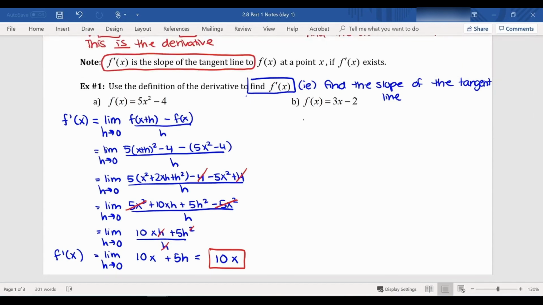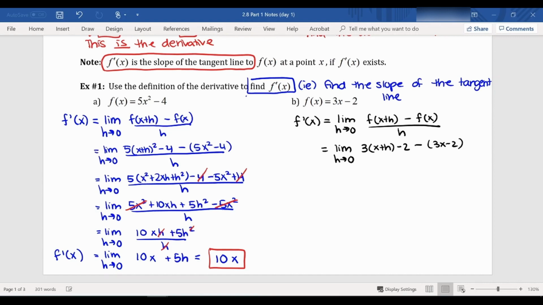And we can repeat with b. I've got the limit as h approaches 0, f of x plus h minus f of x all over h. You don't need to write that out every time you do a question. I'm just doing it here because we can't see it on my screen at the same time. So f of x plus h is going to be 3 times (x plus h) minus 2. f of x is 3x minus 2 all over h.